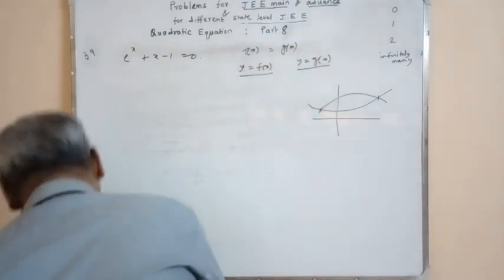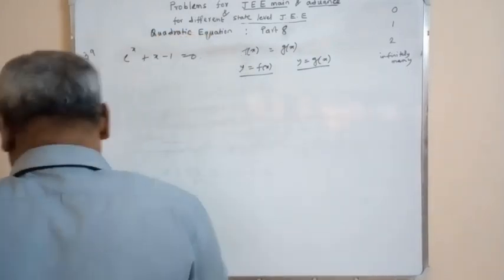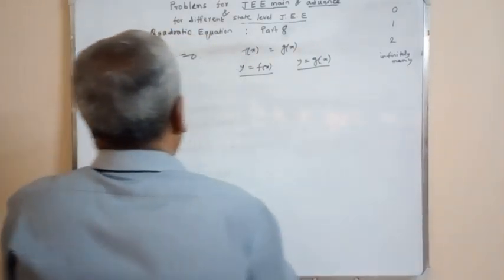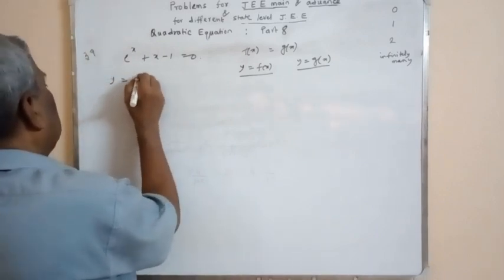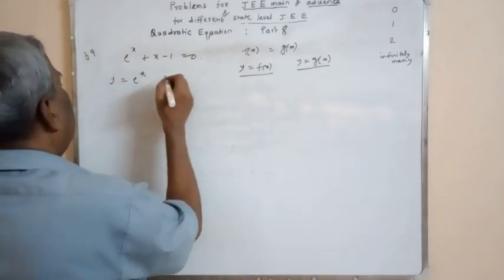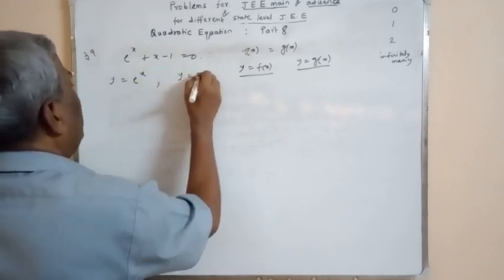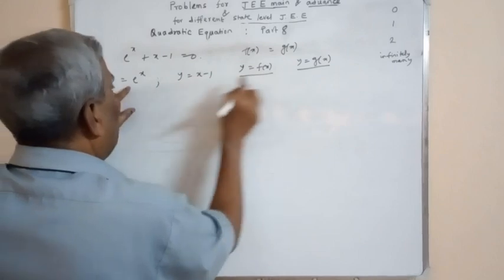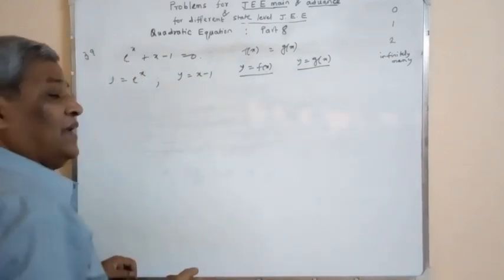Now, in the present case, let us take y equals e to the power x, and y equals x plus 1. So y equals f(x), this is y equals g(x).